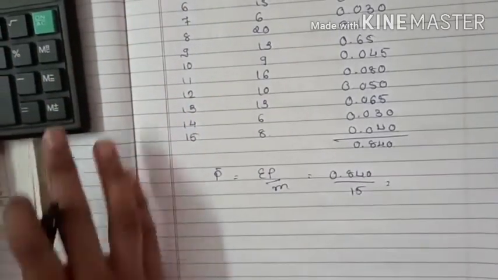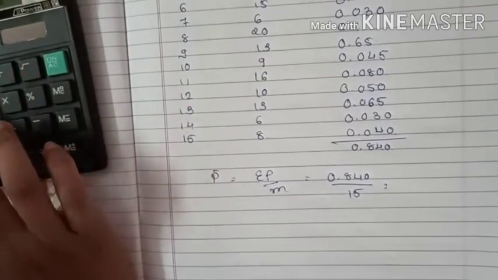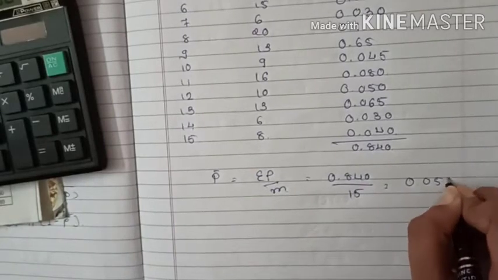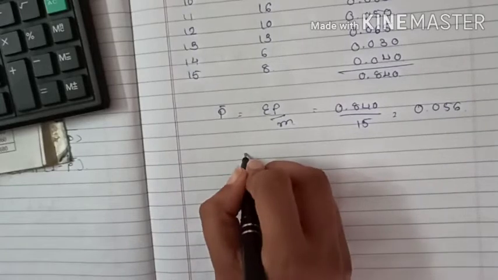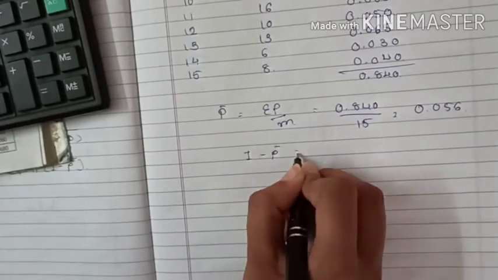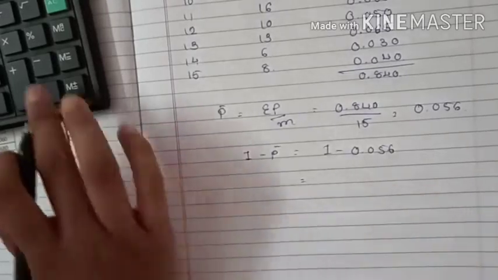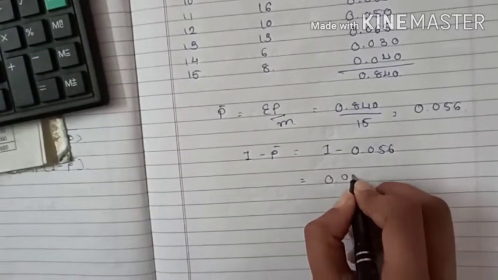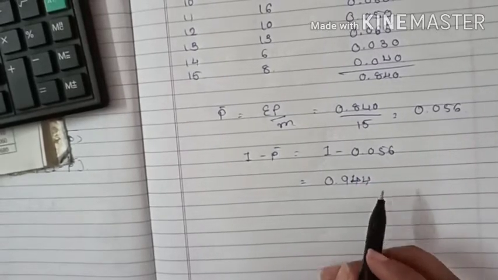So 0.84 divided by 15 is 0.056. Now we have to find 1 minus P bar. 1 minus 0.056 is equal to 0.944.